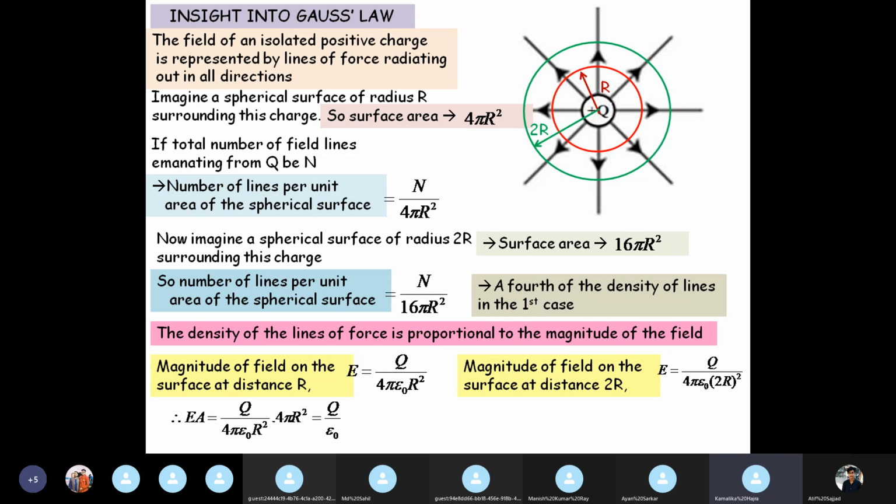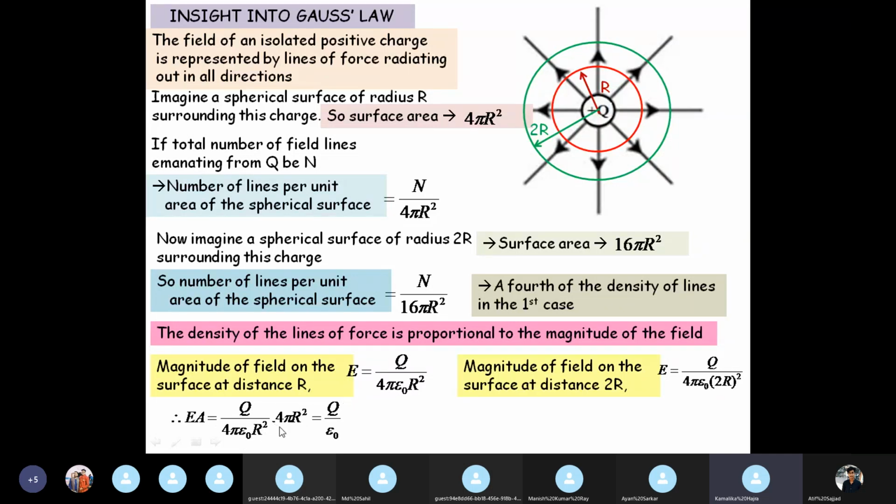So if you multiply field with area, E into A, then for the red sphere, E into A is Q by epsilon naught. Q by 4 pi epsilon naught r square multiplied by the area of the red sphere, that is 4 pi r square.